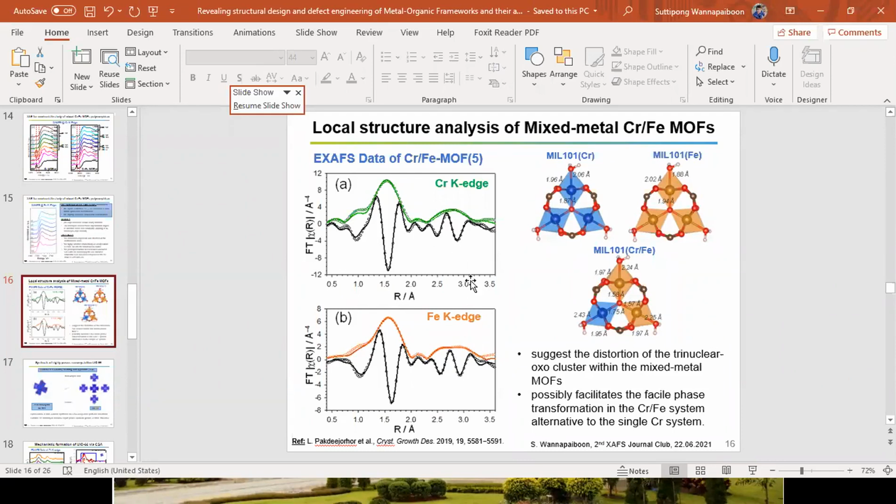And this is only the detailed information for the case of mixed metals. It's also different from what we get for the one with only iron. So we come to the conclusion that we are sure this is a mixed cluster, not a mix of two separate clusters inside the material, with both chromium and iron present in the same cluster of the MOF unit.